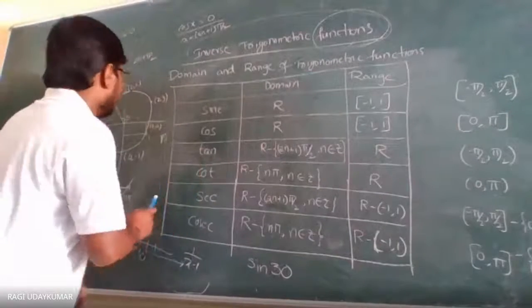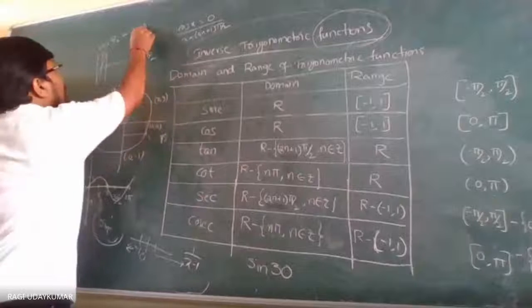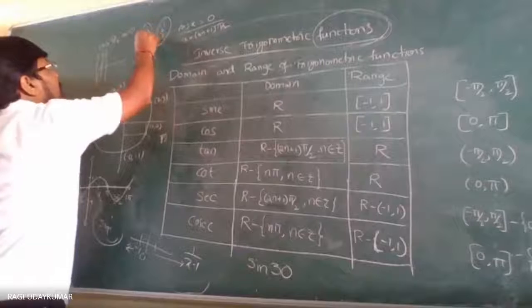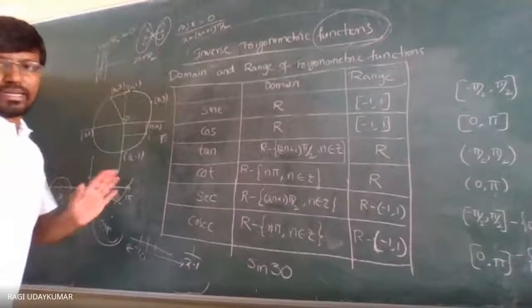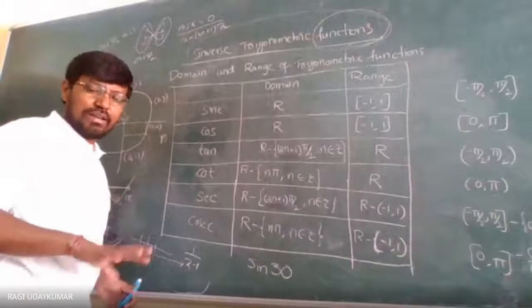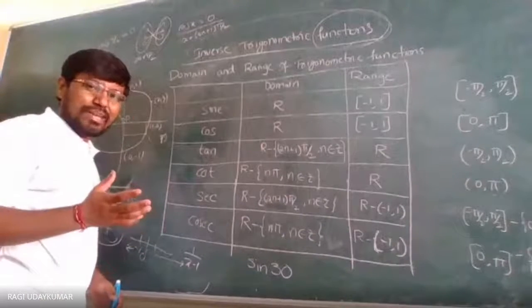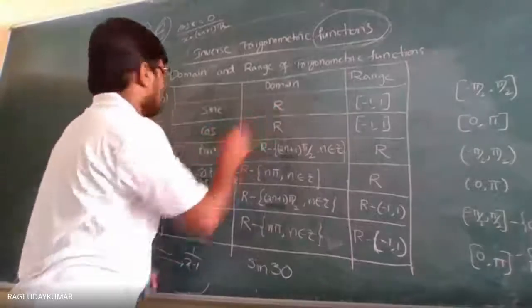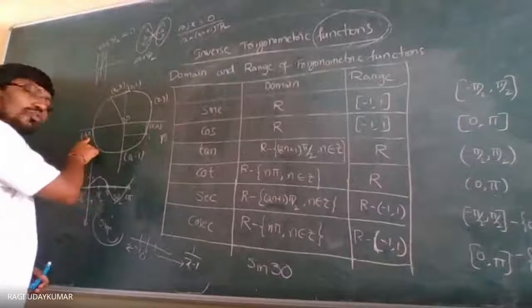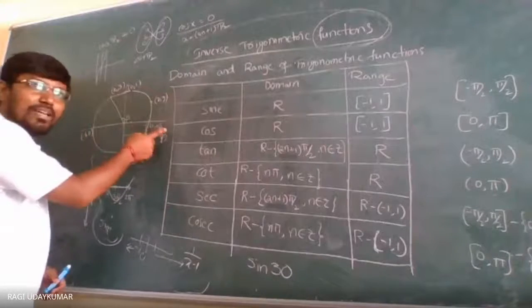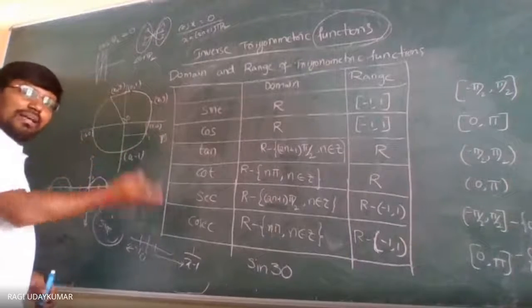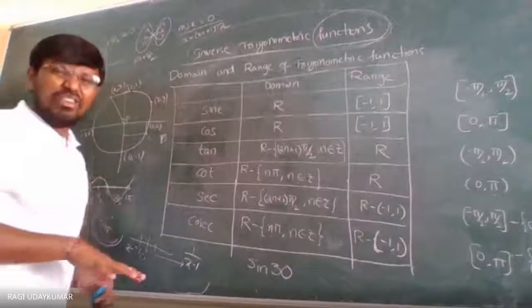Suppose you take any function like this, here A, B, C and 1, 2, 3, like this, 1 to 1. If you have such a relation only, then it is called a one-one and onto function. So that's why, for these functions, see, sine 0 value is 0, sine pi value is 0, sine 2 pi value 0, sine 3 pi value 0, 4 pi value 0, 5 pi value 0, all are zeros only here. So for every value it is getting 0.